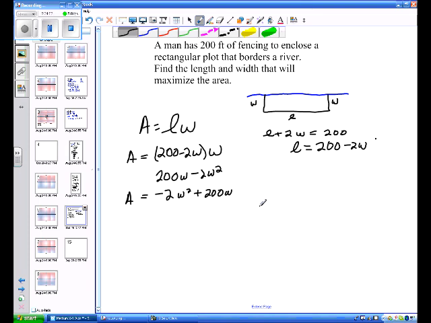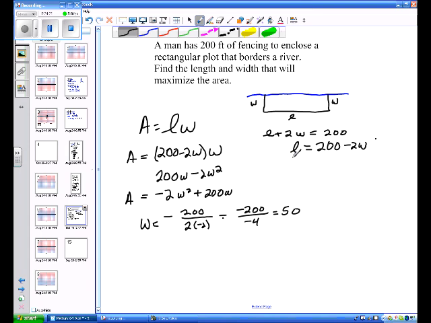We know the maximum will occur on the axis of symmetry. So all we need to get is our axis of symmetry, which in this case we would say w is equal to the opposite of b over 2a, or negative 200 over negative 4, which would give us a positive 50.